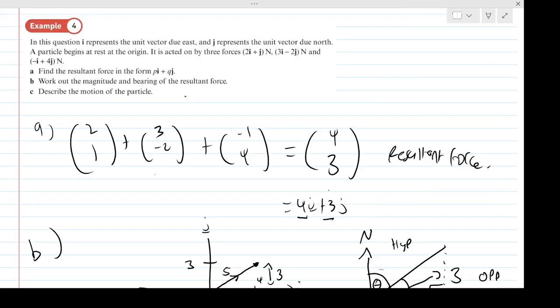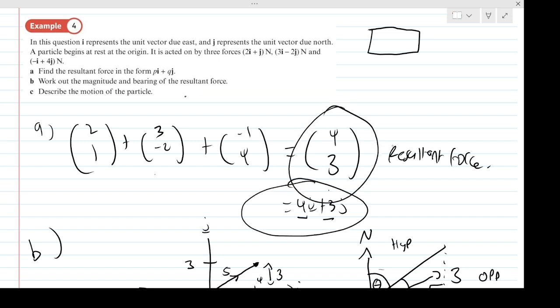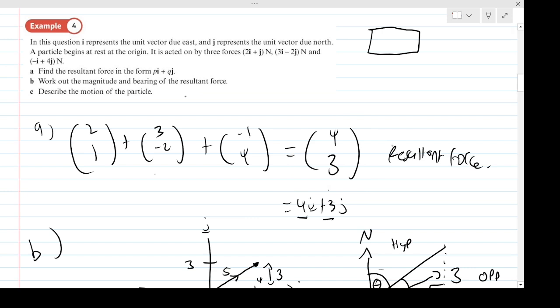Okay, and then we have part C, which says describe the motion of the particle. Okay, so again, say we have this particle, right? This object. Now, the resultant force that we worked out to be 4i and 3j, or 4, 3 as a column vector, right? That's the resultant force. The overall force that acts on this object, which is this box I've drawn, right?